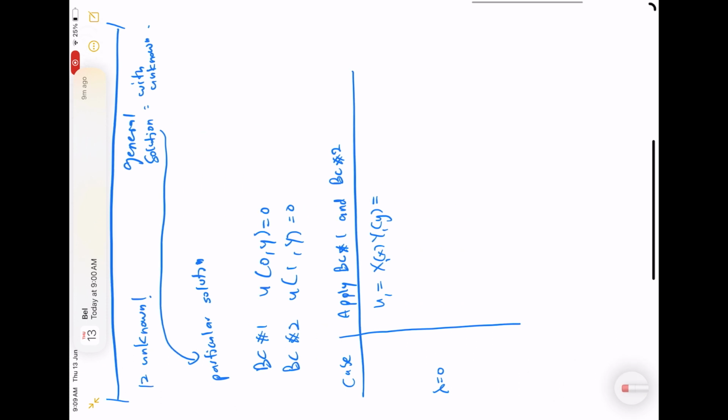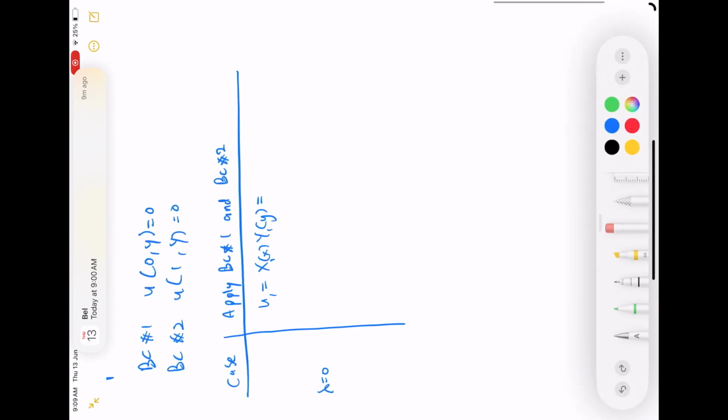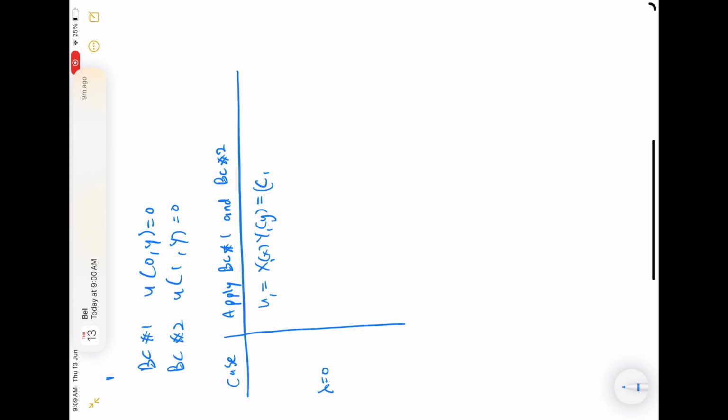So u sub 1 (x, y) is equal to (c1 plus c2y) multiplied by (c3 plus c4x).